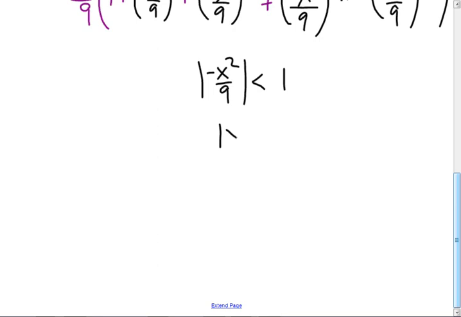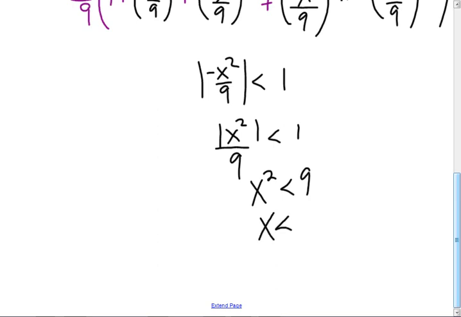So x squared over 9 is less than 1. So x squared is less than 9. No, you do not need to check the endpoints because these are all geometric.